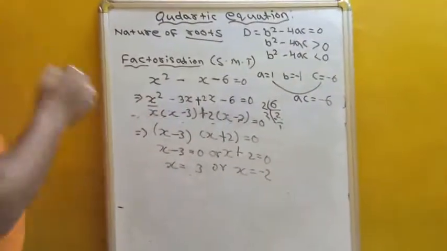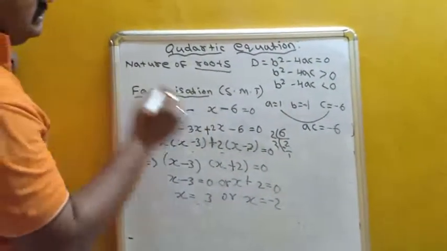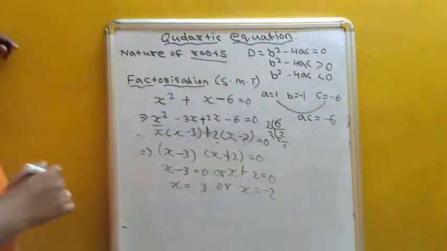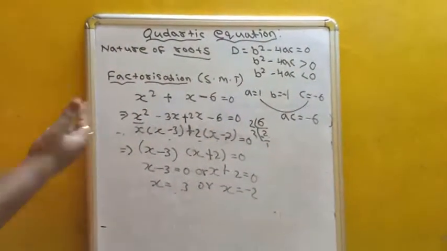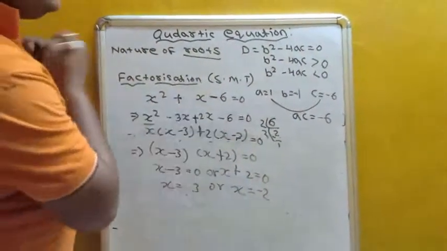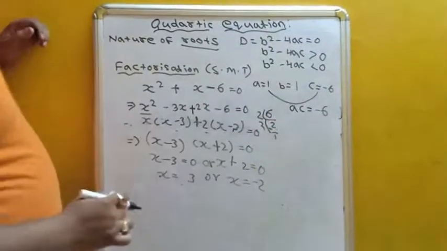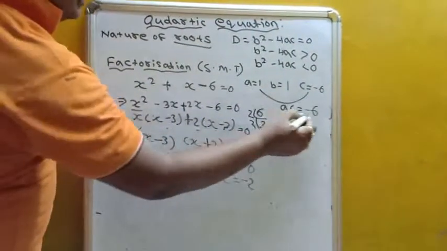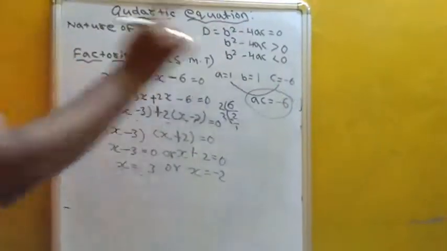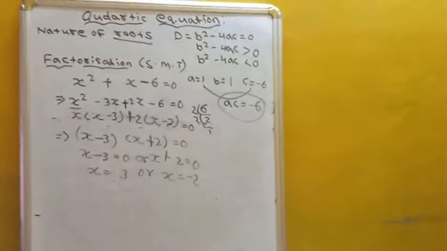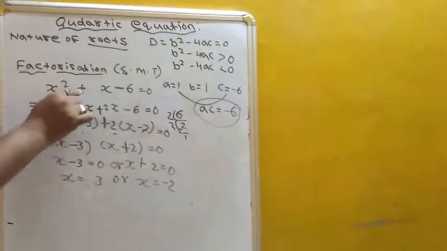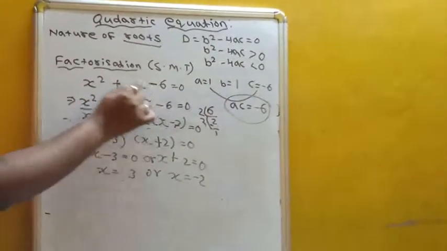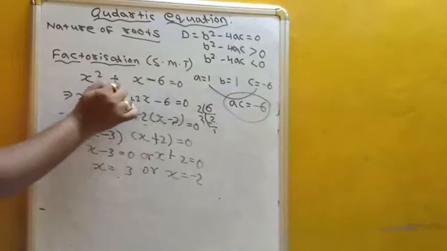If I tell you here plus x and then minus 6, next you think, when you add the numbers you will get plus 1. When you multiply the numbers you will get minus 6. A into C equals that. It is like that only. But here positive is there, negative is there. You must remember that the positive number is greater.